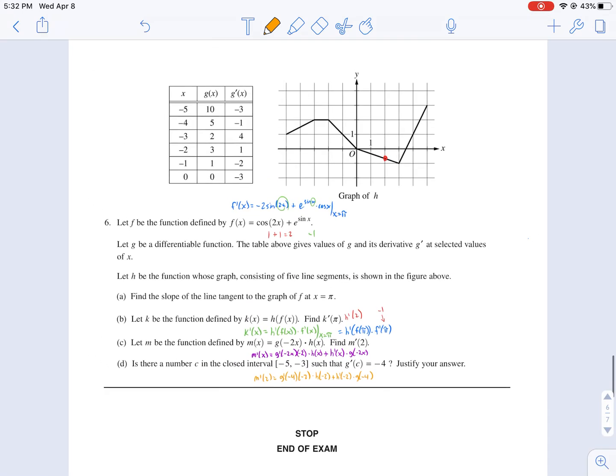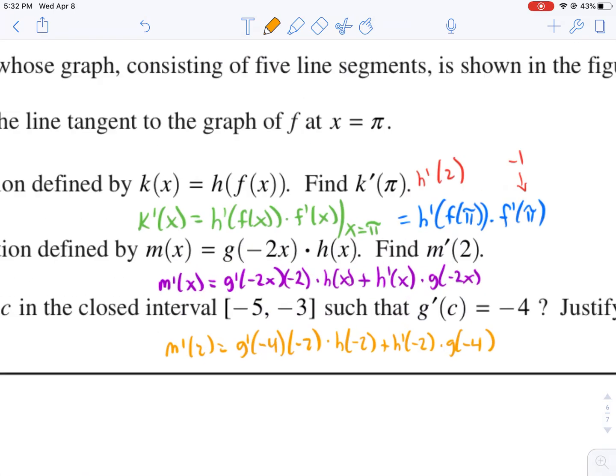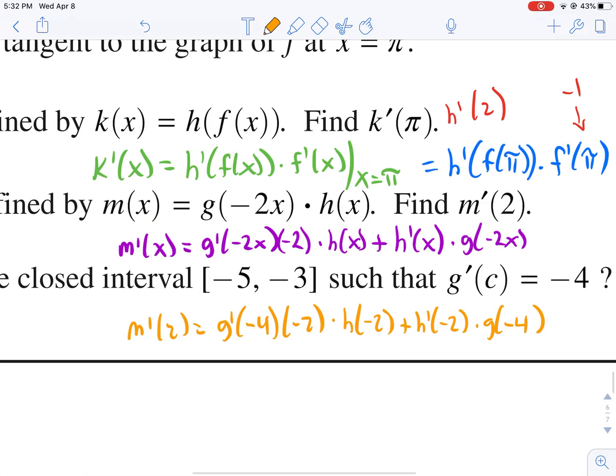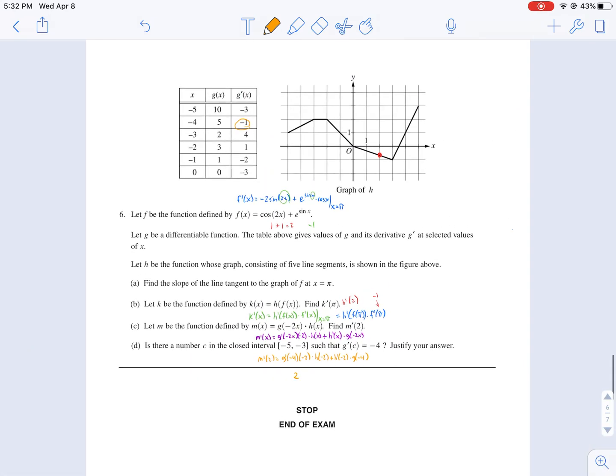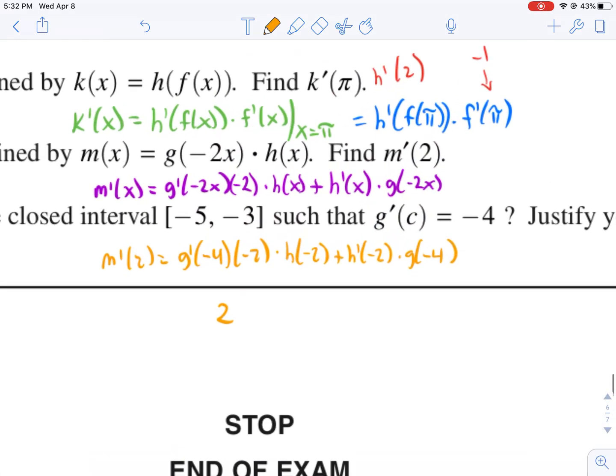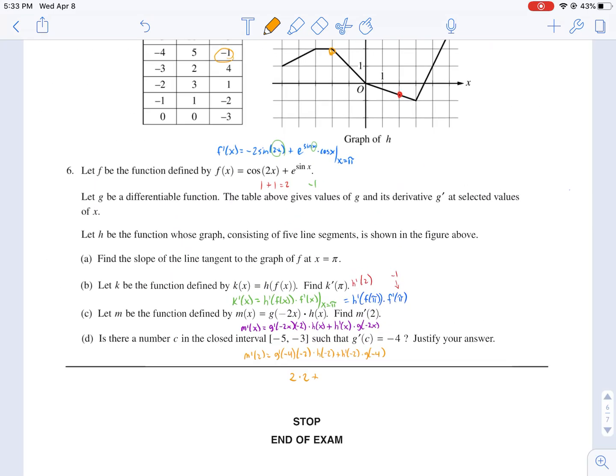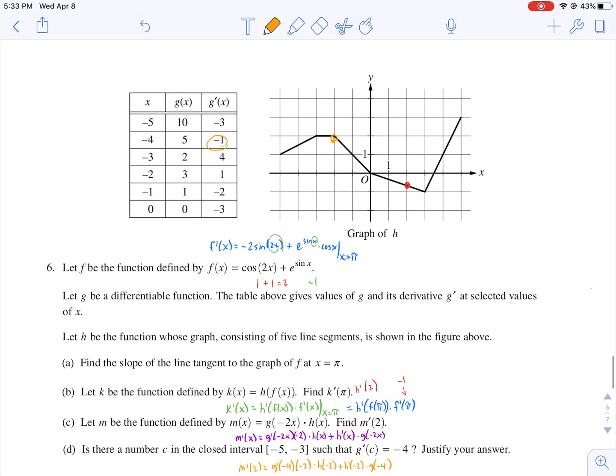Now g is given in the data tables, so g prime of -4 is right here, -1. So you get -1 times -2, which is just 2. H of -2 is the y value at -2 on this graph, which is right there, which is just 2. So you get 2 times 2 plus h prime of -2.